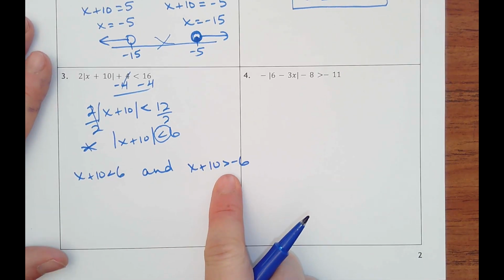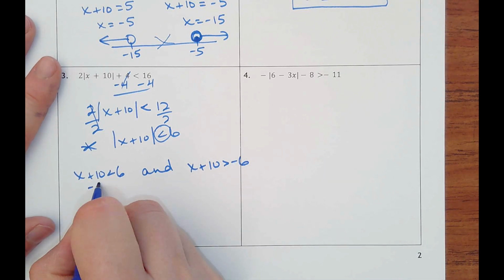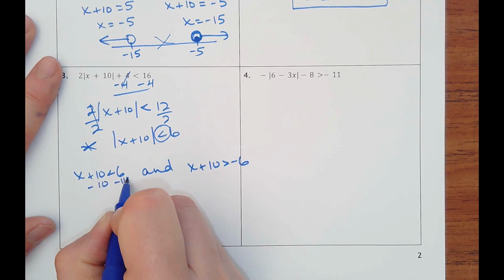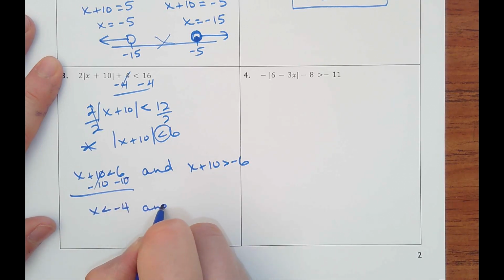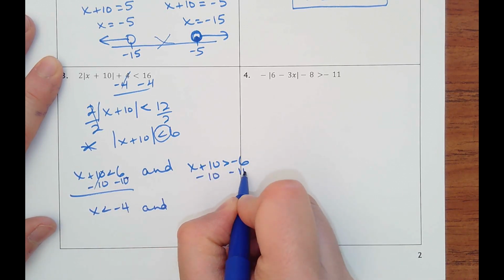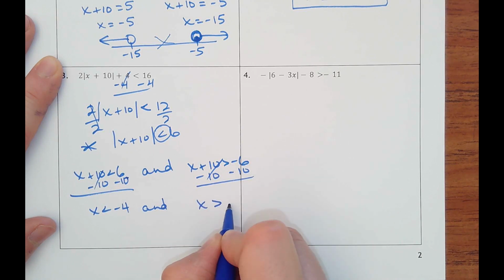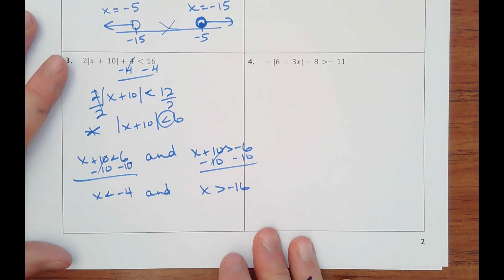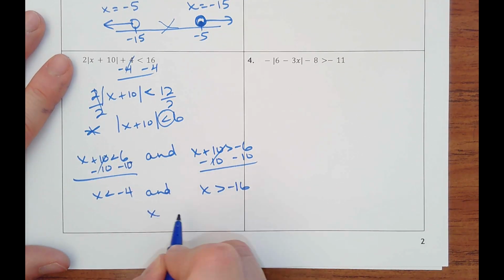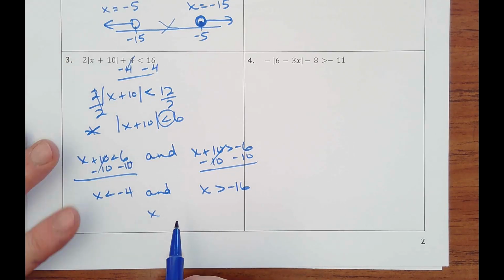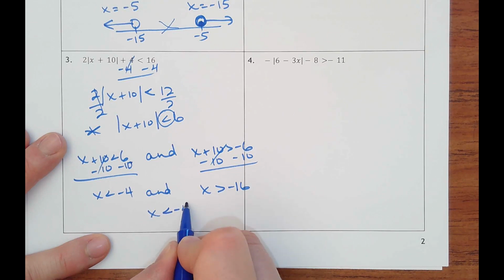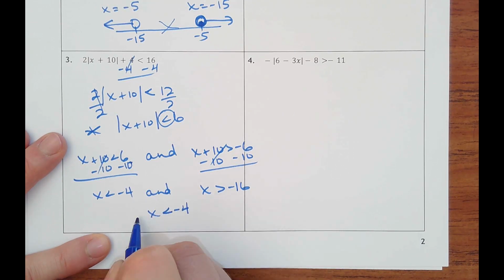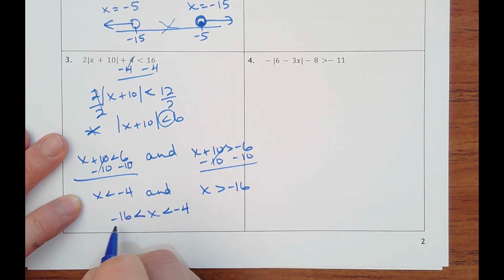So remember, switch the symbol and change the sign. Subtracting 10, get you x is less than negative 4, and x is greater than negative 16. Put x in the middle when it's an and. We're writing it as a compound inequality where it's x is less than negative 4 and x is greater than negative 16.